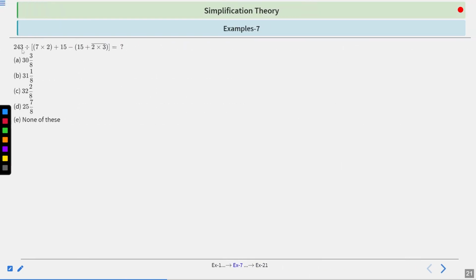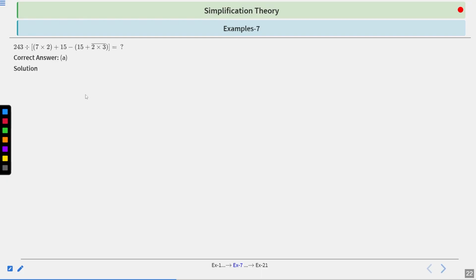The next example is 243 dividing by, in large bracket, in small bracket 7 into 2 plus 15 minus, in small bracket, 15 plus, in bar bracket, 2 into 3, bar bracket close, small bracket close and large bracket close, should be equal to question mark. Now you have 5 options. First is 30 and 3 by 8, 31 1 by 8, 32 2 by 8 and 25 7 by 8, and last one is none of these. Now see the solution. The correct answer is A.